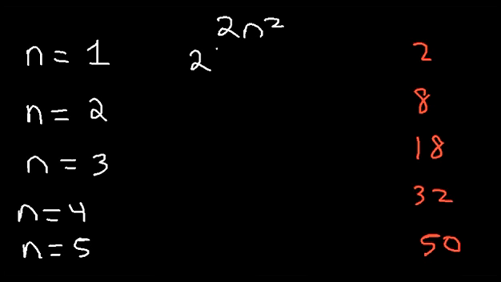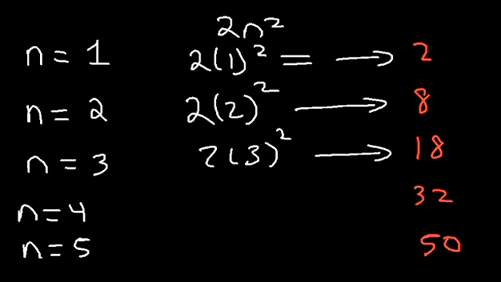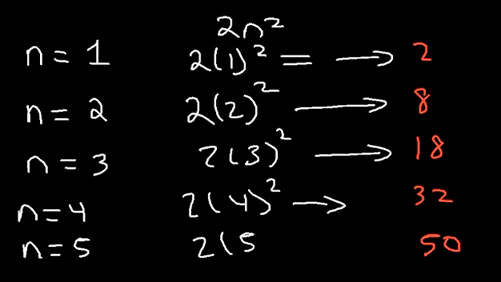So when n is 1, it's 2 times 1 squared. 1 squared is 1 times 2, gives you 2. When n is 2, 2 squared is 4 times 2, that gives you 8. When n is 3, 3 squared is 9 times 2 is 18. When n is 4, 4 squared is 16 times 2 is 32. And when it's 5, 5 times 5 is 25 times 2 gives you 50.